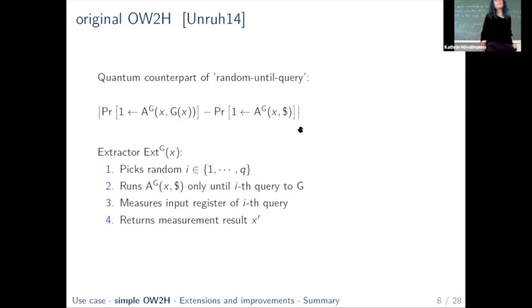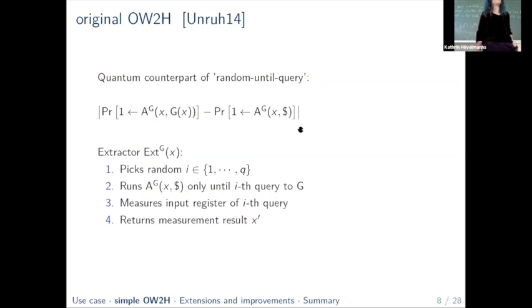And how does it work? It picks a random i between 1 and Q, meaning it picks a random query that is issued by A. It runs A, but only until the ith query, then measures the input register of the query and returns the measurement result.